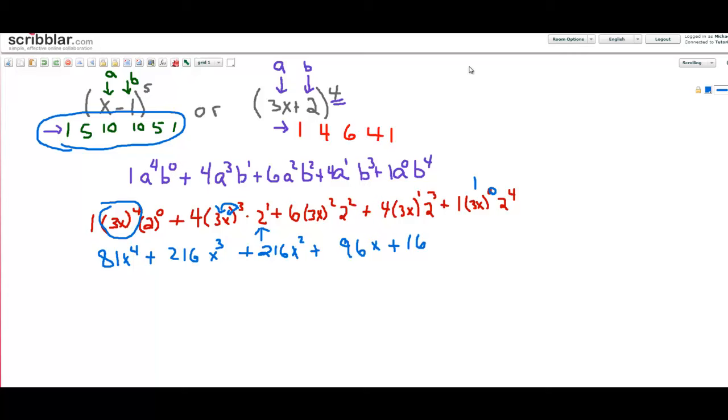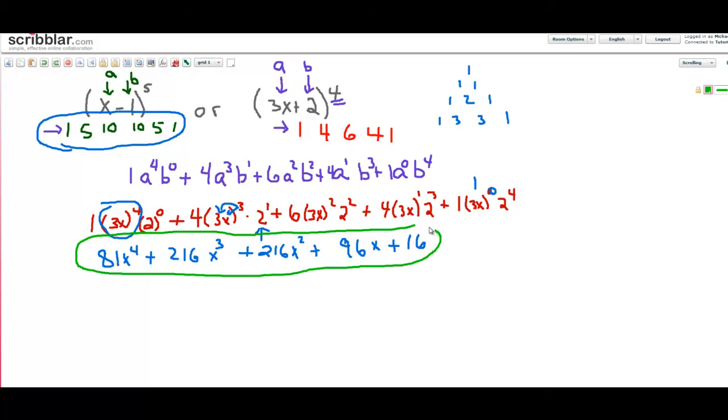What I mean by that is, remember when we did Pascal's triangle, 1, 1, 1, 2, 1, and so on, and keep going down. Remember the first row is degree 0, so 0, 1, 2, 3, and then 4. So that's where we got the extra coefficients. And we make sure we substitute them with parentheses this time. And so that would be your final answer, this guy right here, all simplified and ready to go.